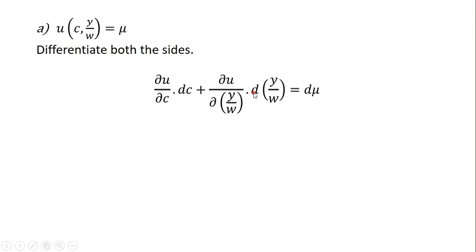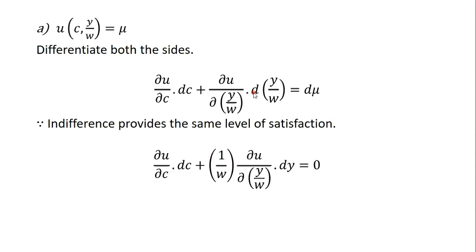So the equation will look like this. Here 1 by W is a constant, the wage rate, and d mu is equal to 0. Now let's do the simple algebra to separate dC by dY, which is the slope of your IC.